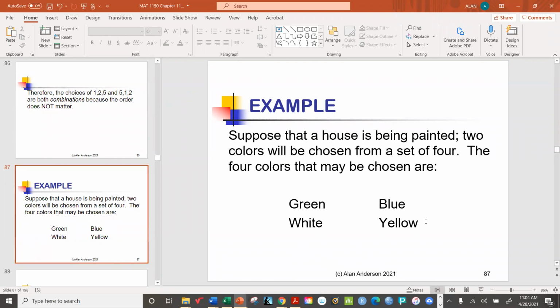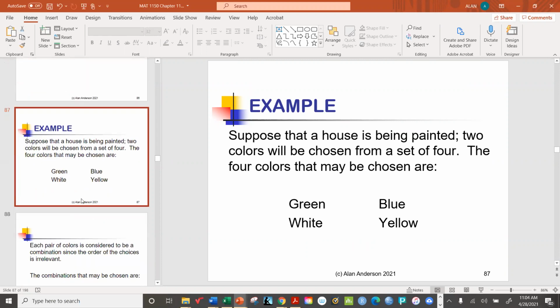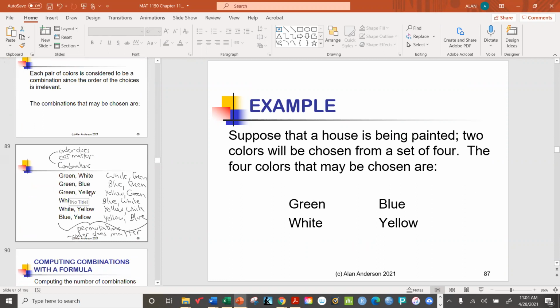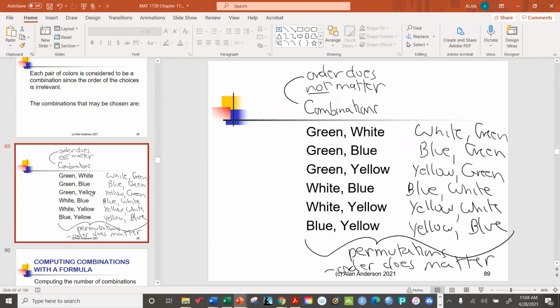All right, well, let's see. You could actually write these out. In fact, that's exactly what I did. I wrote a list. So these are combinations. And by the way, you see there are 6 of them. If I've chosen green and white, I am not also including white and green because the order doesn't matter.